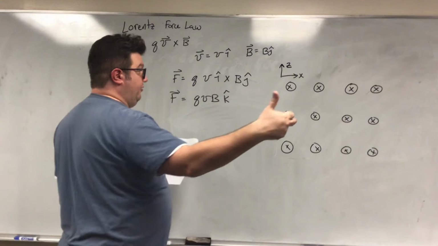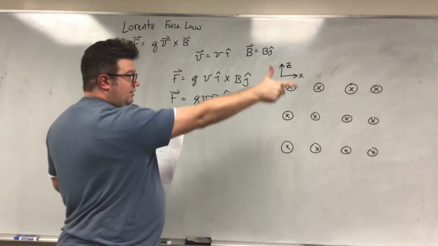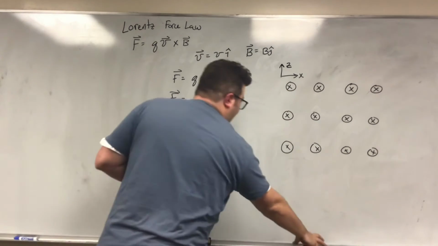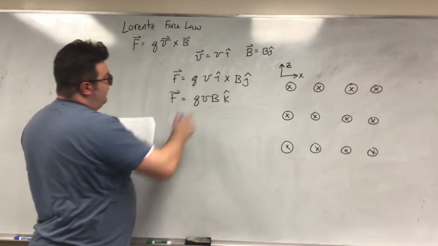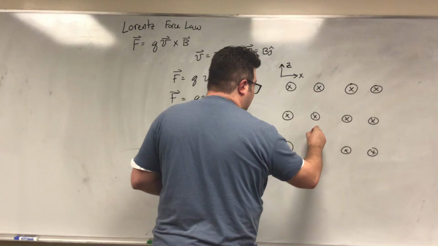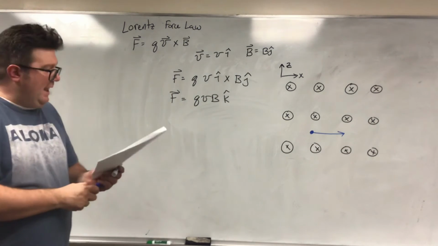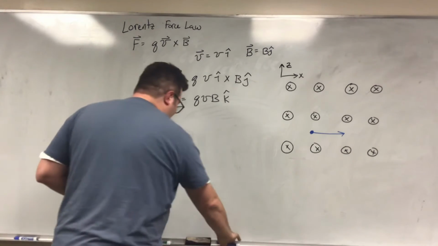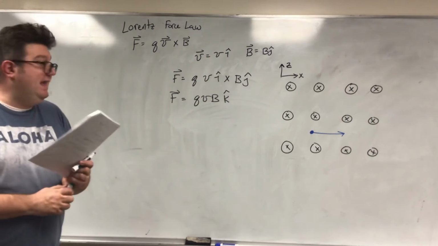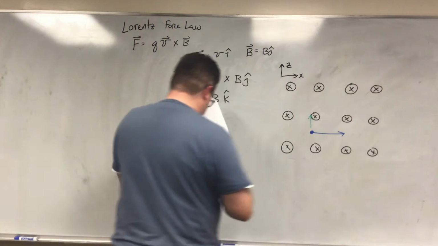I put this in the direction of the J hat, so I have X, J, and then up will be my Z direction. So if it starts moving in the I hat direction, my charge is moving in this direction, and it feels a force which is moving in the K direction.